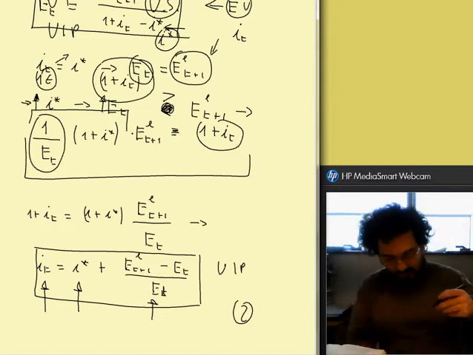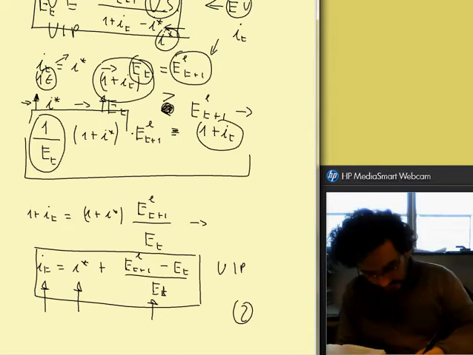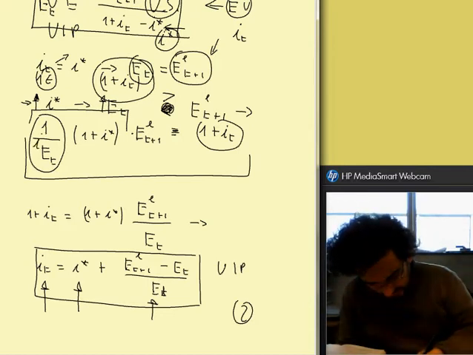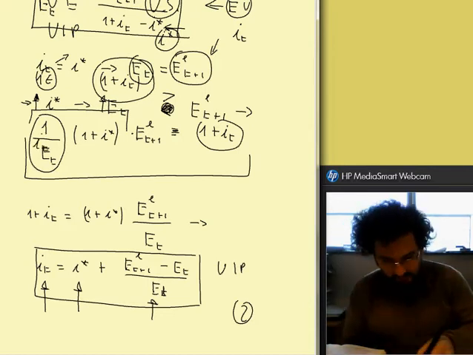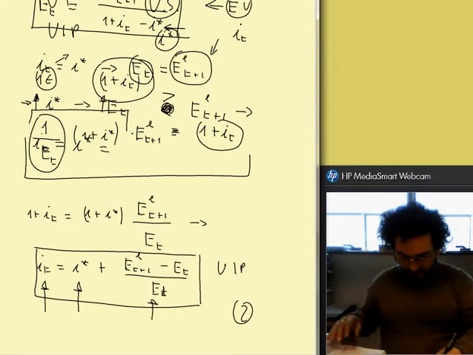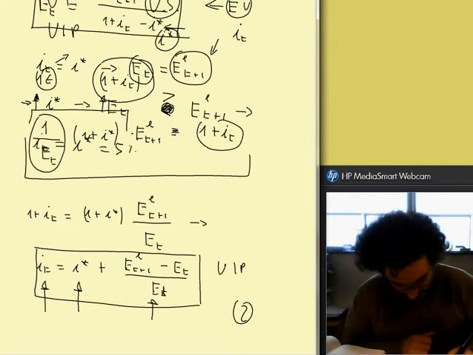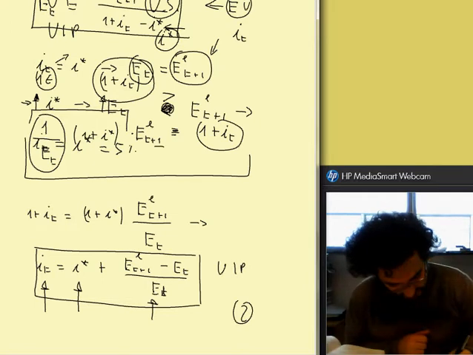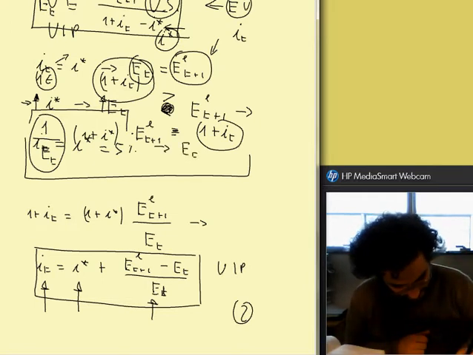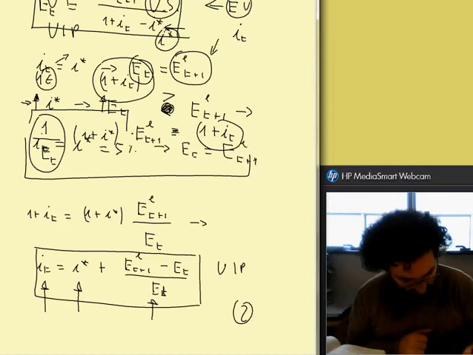So, for instance, we can start with the interest rate in the euro area equal to the interest rate in US, equal to 5%. In this case, the exchange rate doesn't change in our expectation.